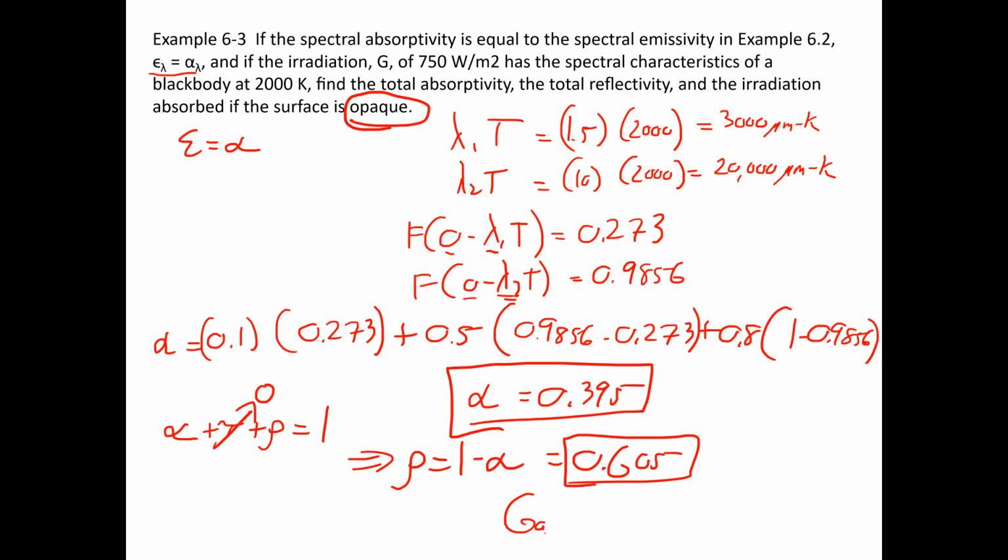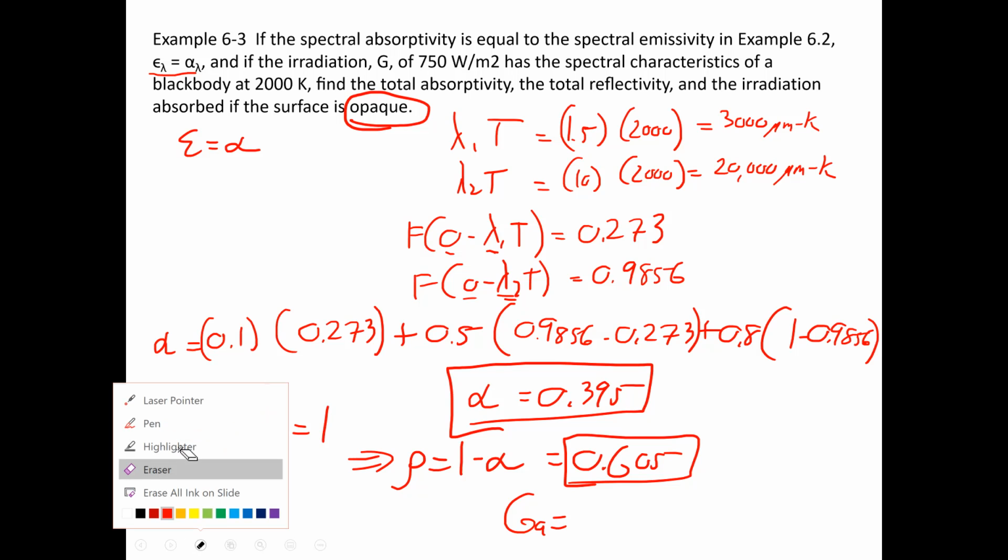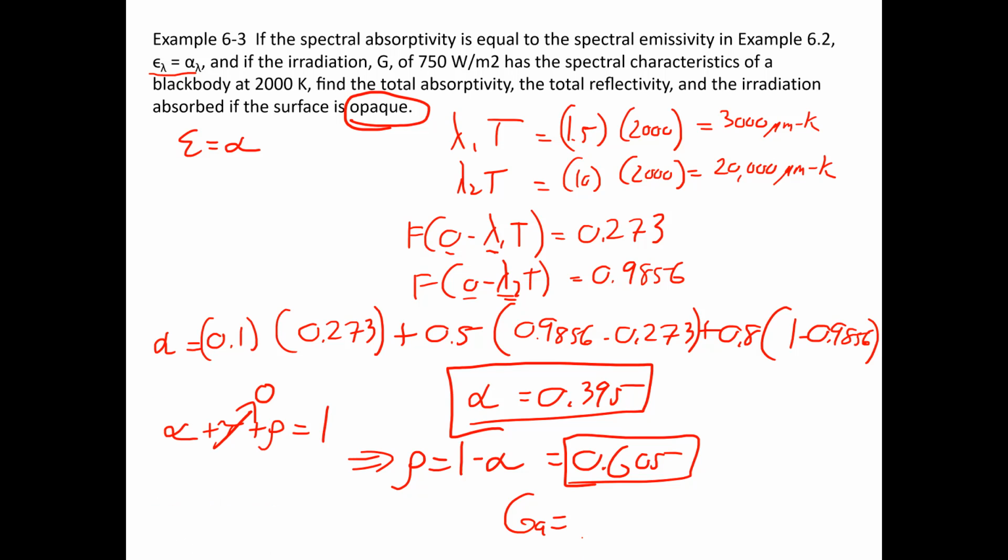And then finally, the problem is asking what is the absorbed solar radiation in that case? Well, it would just be the absorptivity alpha, which is 0.395, multiplied by the incident radiation, which is 750.